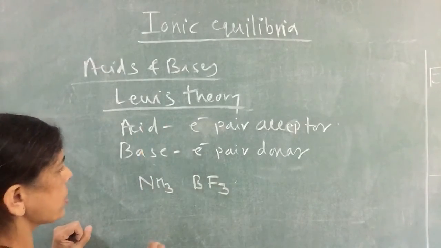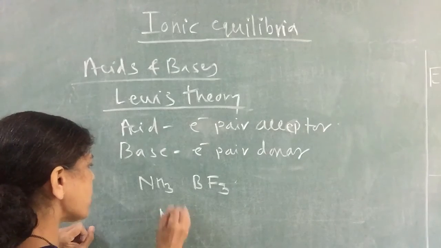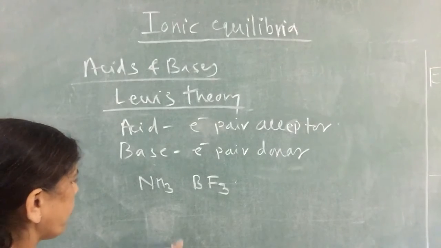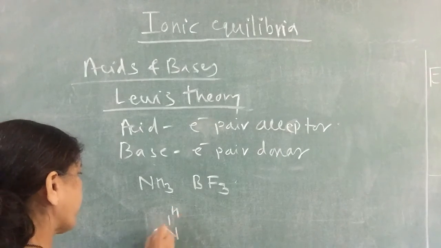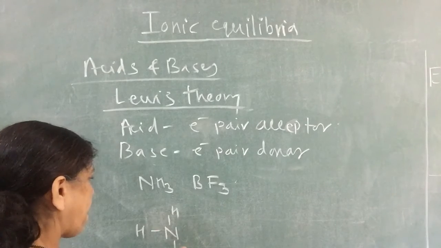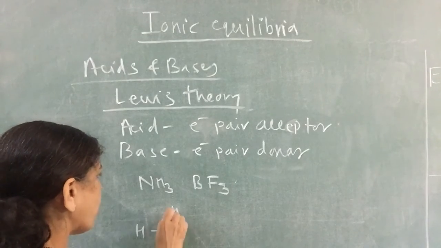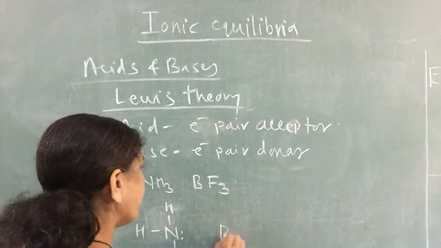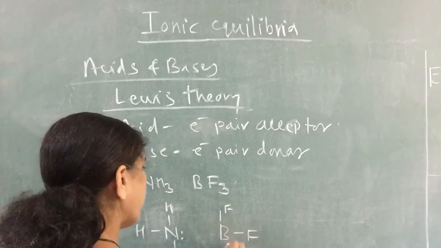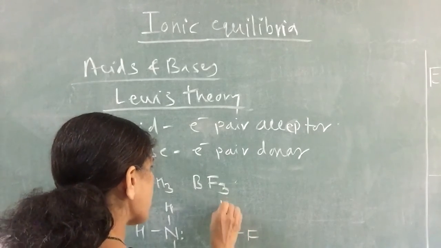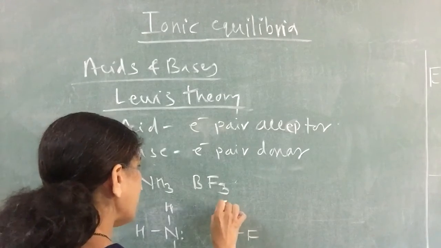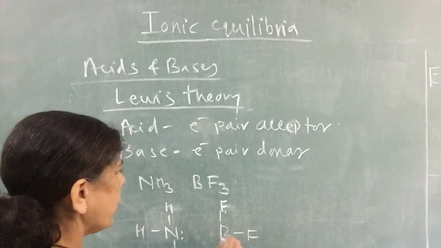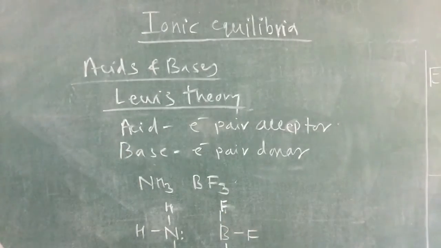According to Lewis, if you draw their actual structures, NH3 has one lone pair of electrons on nitrogen, isn't it? And BF3. If you observe the structures carefully, nitrogen in NH3 has one lone pair of electrons, and boron is surrounded by only 6 electrons as it has formed 3 bonds.